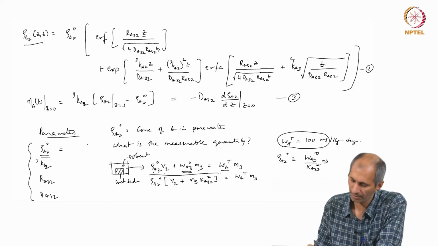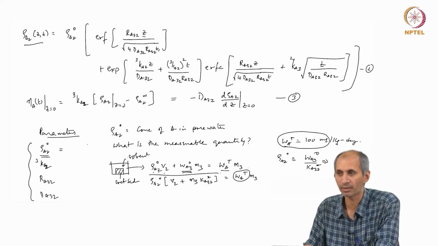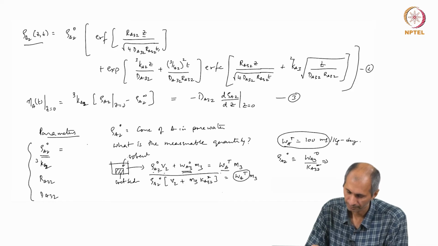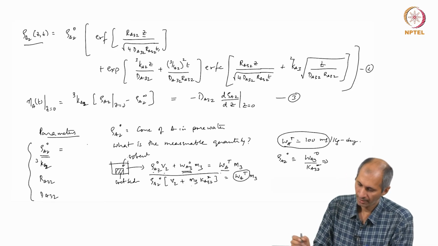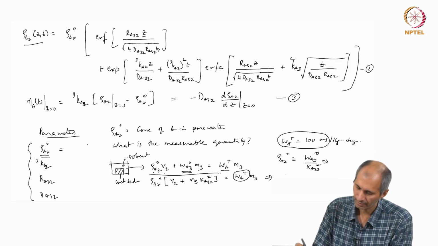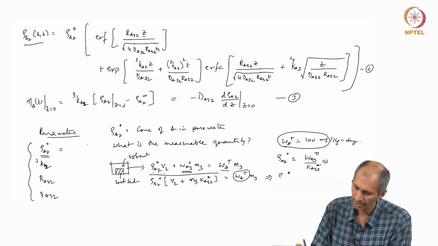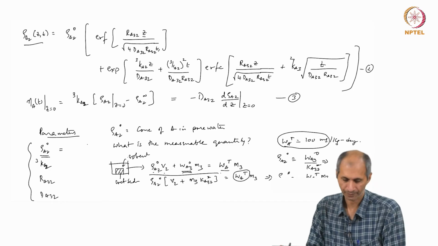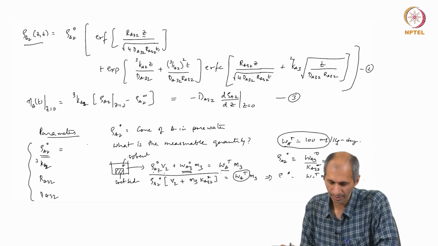So, this is a number that we are measuring, this is a measured number, okay. This is what we are measuring. So, in this equation we will write it as rho A2 0 equals WAT into M3 divided by V2 plus M3 Ka32 star. I am going to write it in the next page.